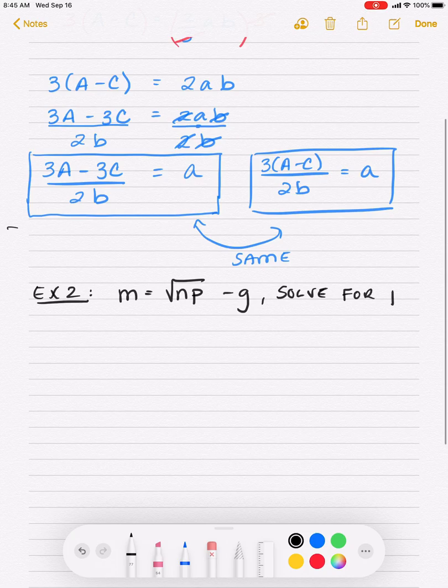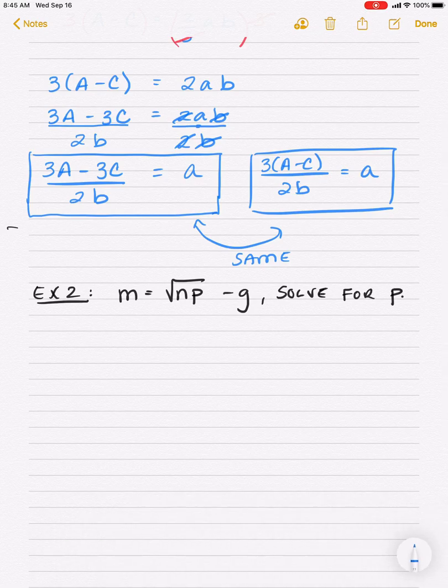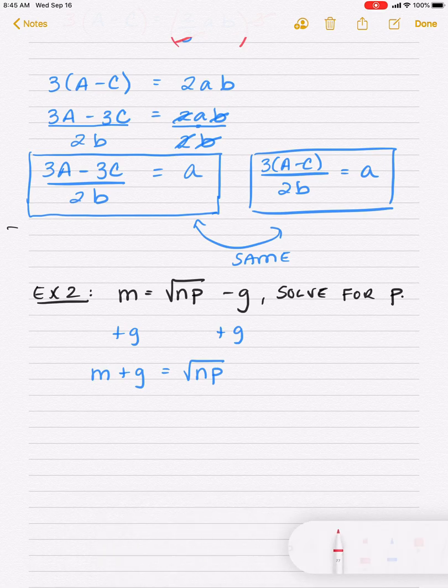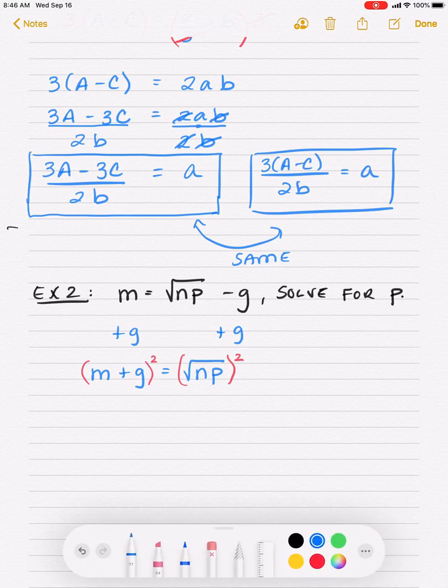We're going to solve for p. The first step is always that entry point. What do I do first? Well, I'm going to start by undoing the addition and the subtraction. So I get m plus g is equal to the square root of np. So how do we undo a square root? We undo a square root by squaring both sides, which means I need to square this side.